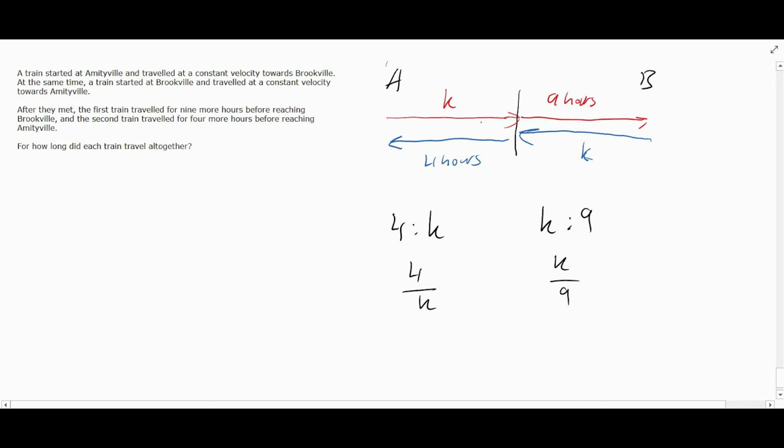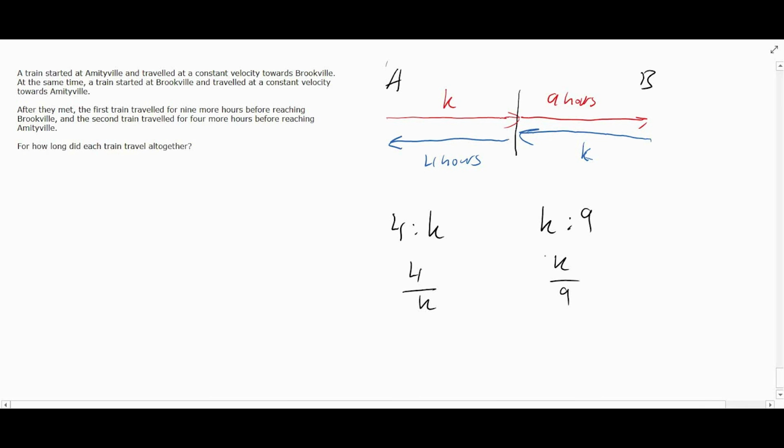So let's say k was 8 hours, then 4 over k would mean that A traveled at a speed that was half of that of B. And that makes sense, because 4 over 8 is equal to a half. So these relate how the speeds correlate to each other.